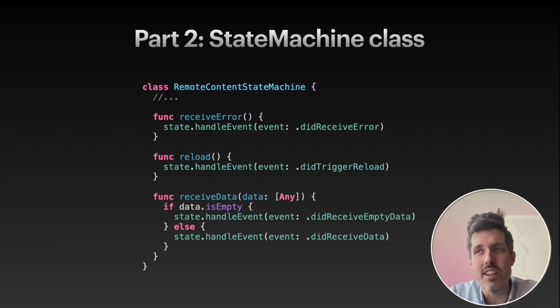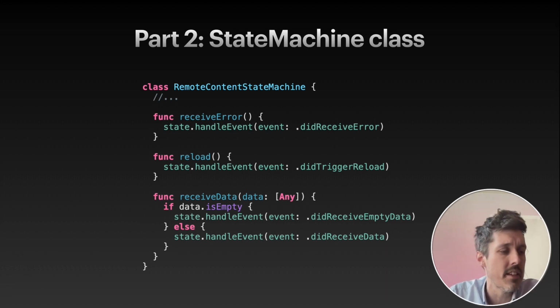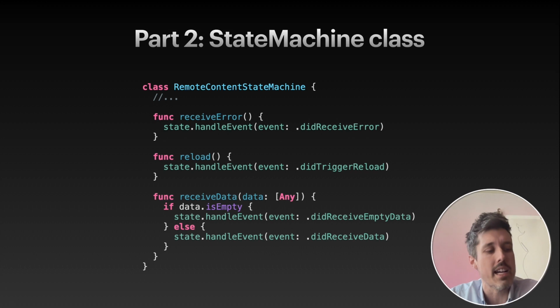However, receiveData is maybe a little bit different. The state machine class is a good place to put business logic. In our case, we're going to see if the data is empty. If it is empty, we're going to pass the didReceiveEmptyData event. But if it's not empty, we pass on the didReceiveData event in order to trigger the correct transition.